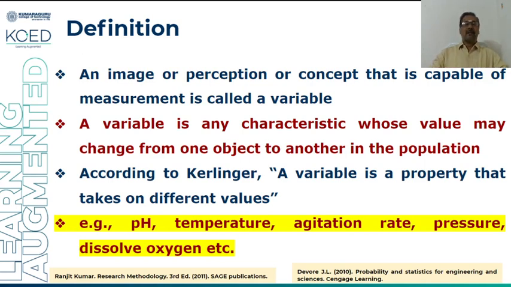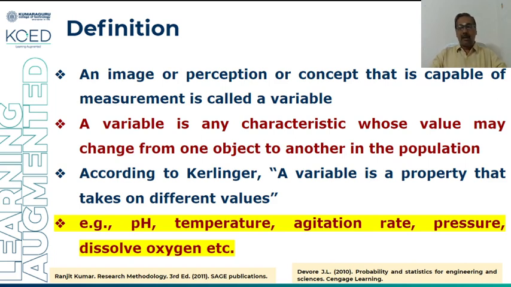How to define a variable, or what is a variable? So a variable is nothing but an image or perception or a concept which we can measure. That is actually termed a variable. Otherwise, we can say a variable is one which will have characteristic numerical values, and the unique property of a variable is that the numerical value is not constant, it will vary from one object to another object in a population.